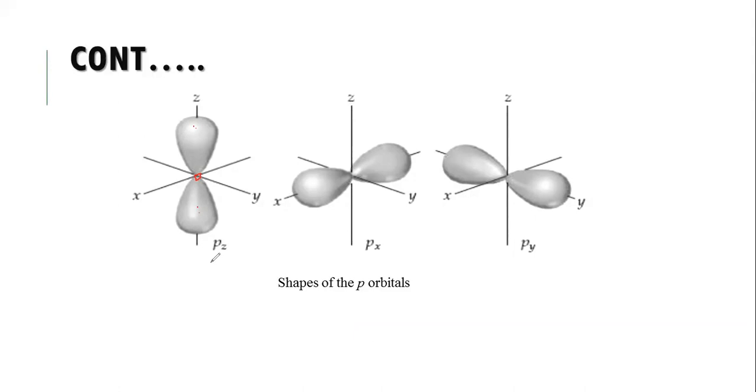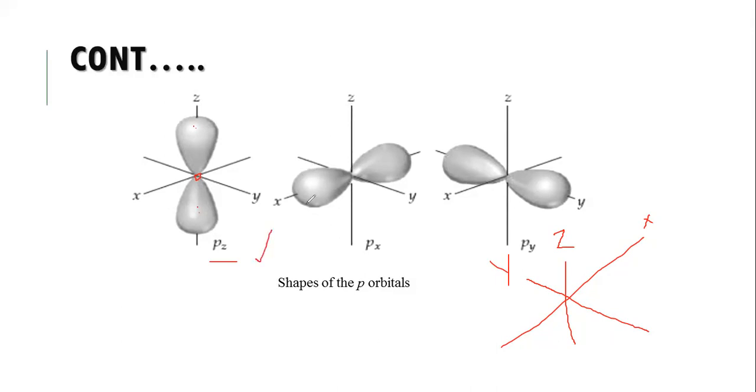According to that, when you set the pz, we draw the orientation of the axes. This is z, this is x, and this is y. The orbital that lies along the z axis, we call the pz orbital.